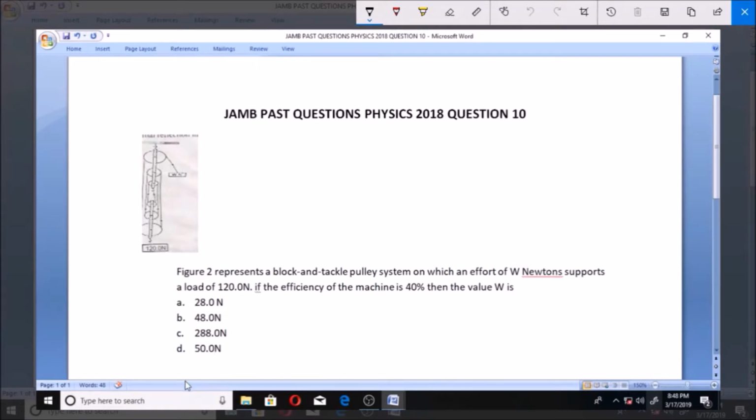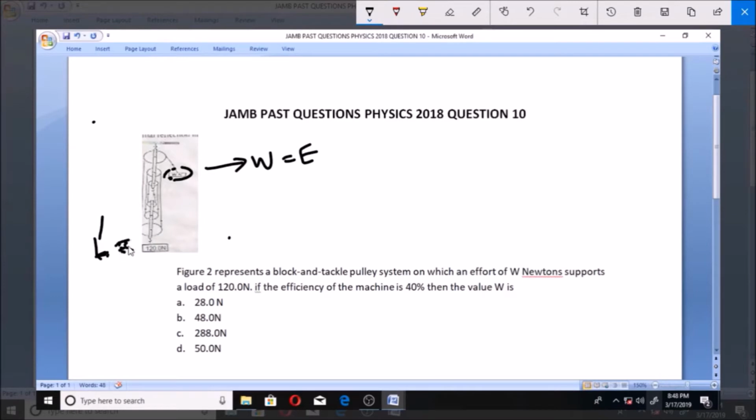So what is the value of W? This is the W here, which is the effort, and this is the load, L. L is equal to 120, so take note of this.